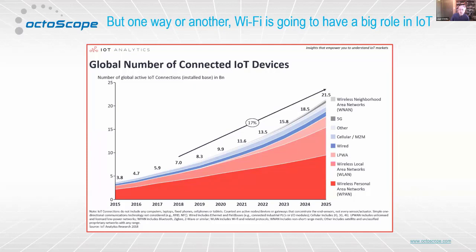Certainly, there can be other types of networks deployed, but there's going to be a major demand for the existing network to be able to support the devices in a good way. And this chart just kind of shows that.